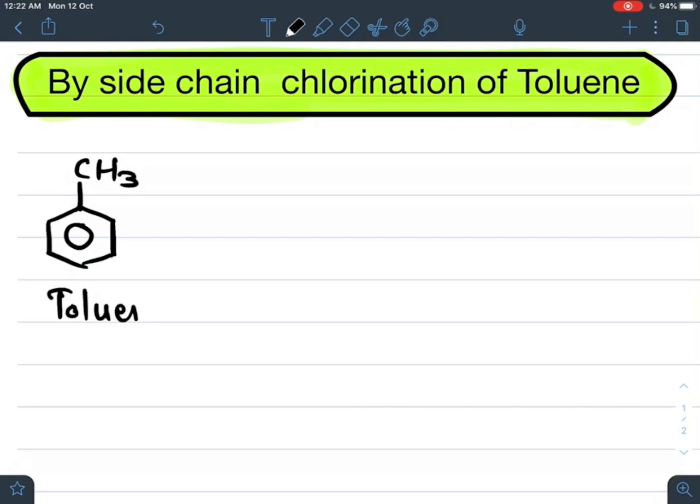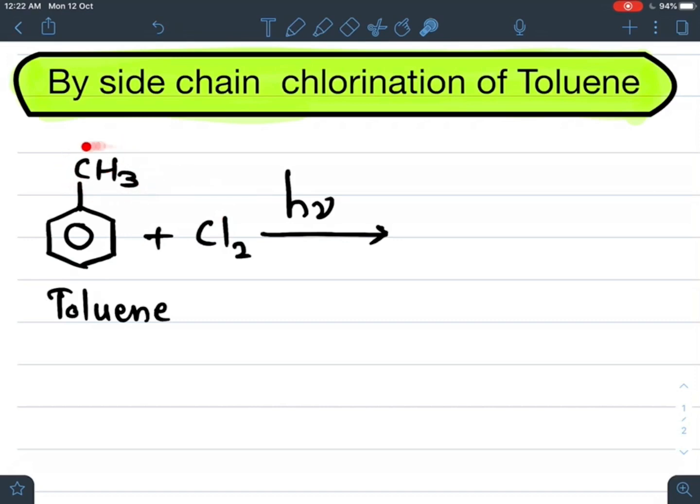Toluene undergoes chlorination. The reaction takes place with chlorine in the presence of h nu, where h is Planck's constant and nu the frequency. From CH3 two hydrogens are replaced, and chlorine gets substituted at the CH3 group.